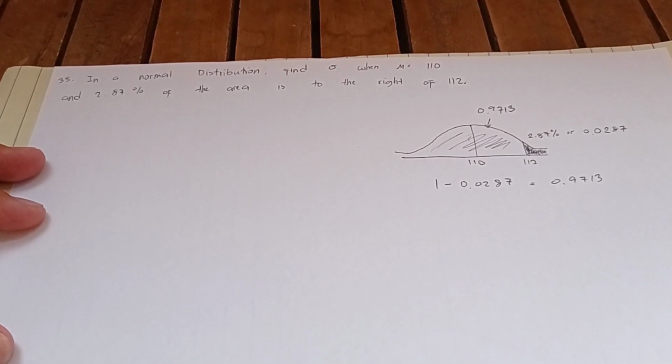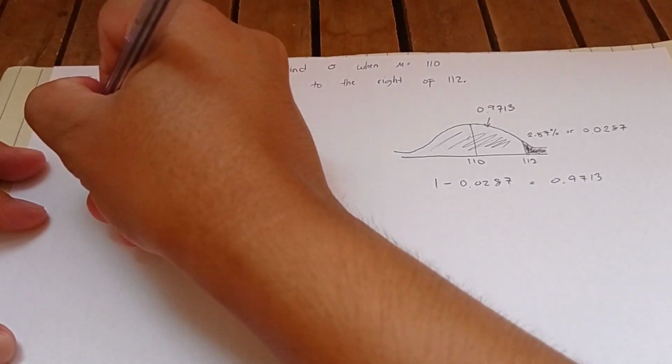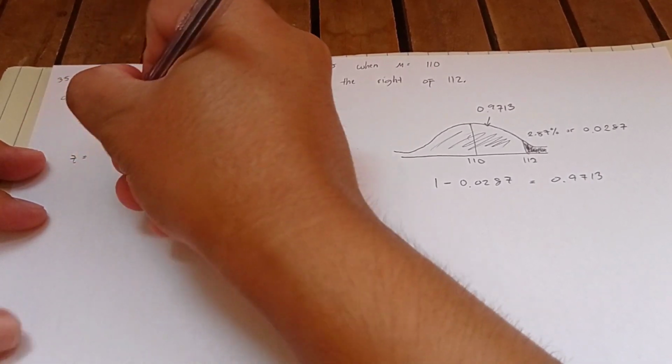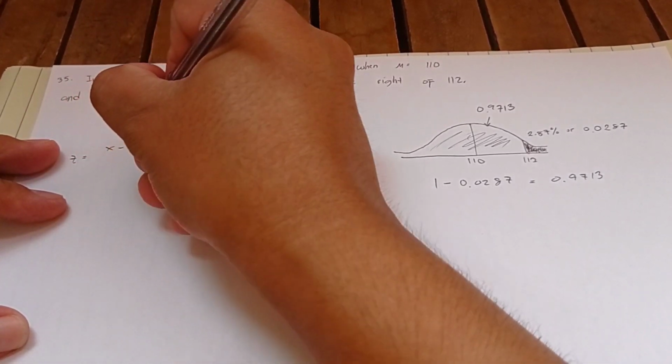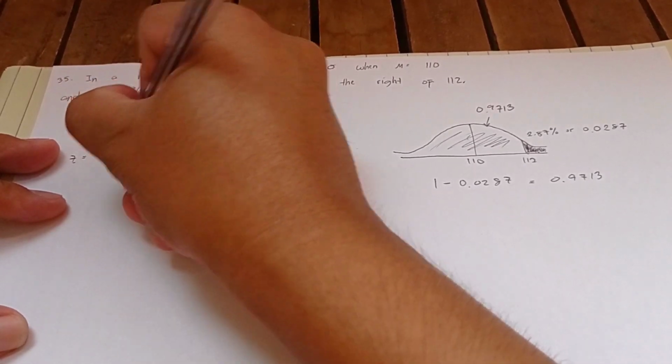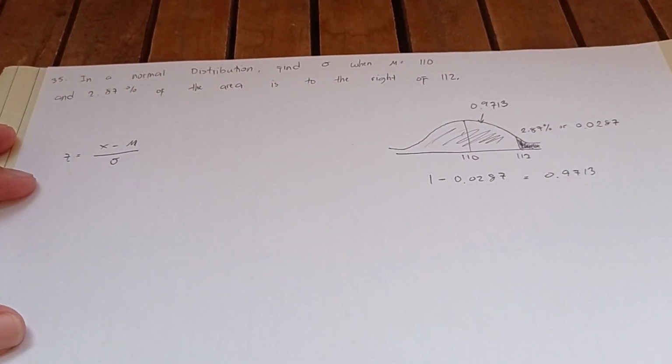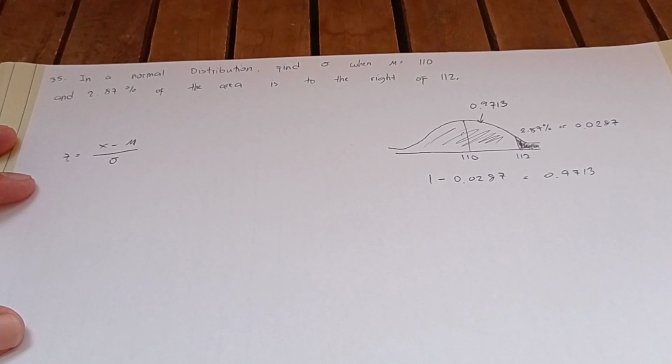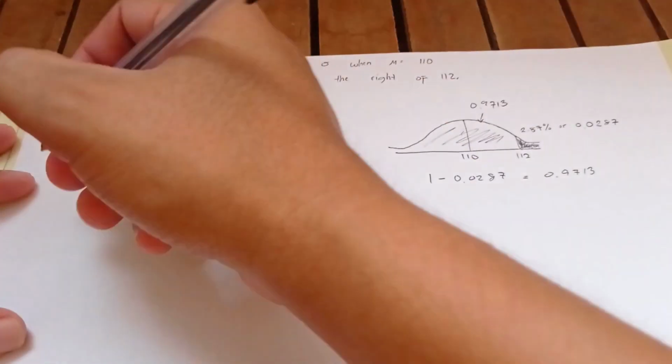Now we have the z formula. Z is equal to x minus mean over standard deviation. But we need to modify this so that we could get the formula for standard deviation.